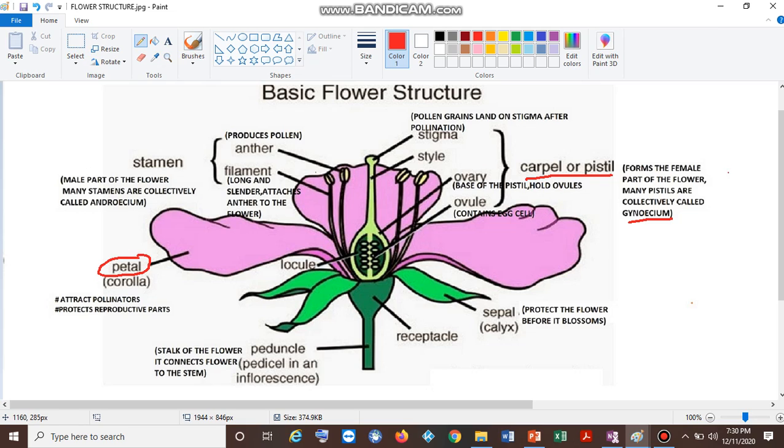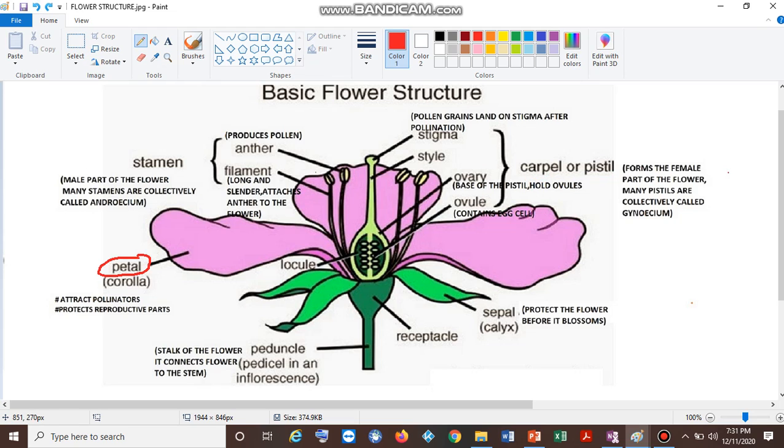Similarly, individually it is called stamen, and collectively it is called androecium. Individually, the part is called petal, and a collection of petals is called corolla. Individually, sepal, and a collection of sepals is called calyx. Hope this is clear.